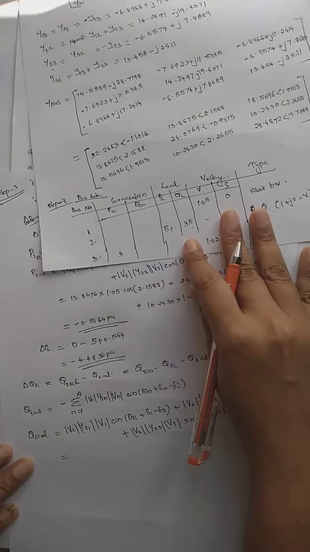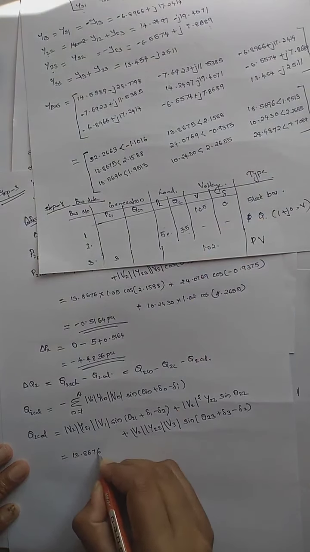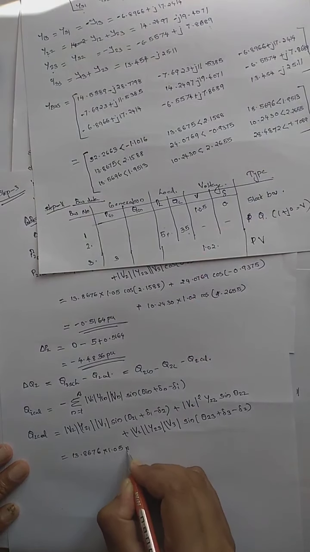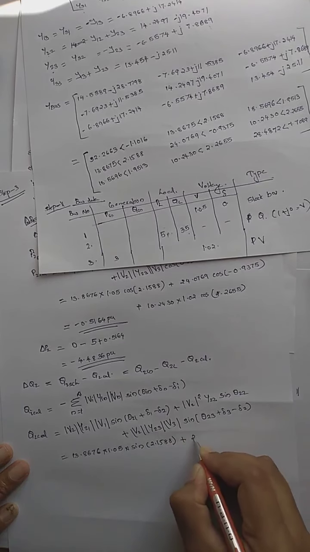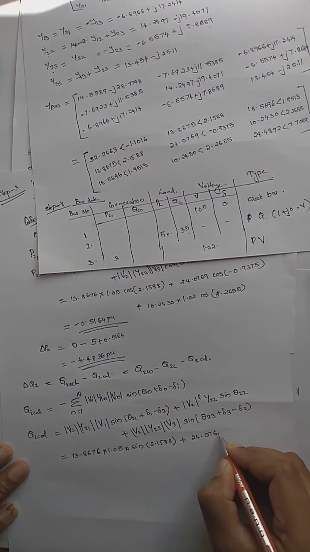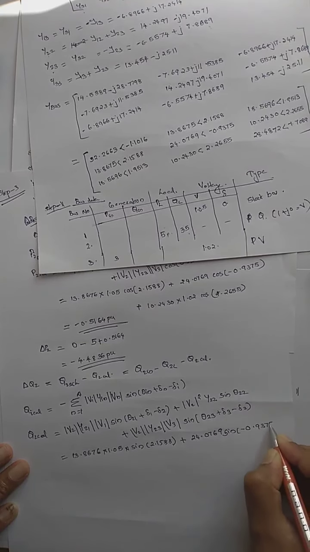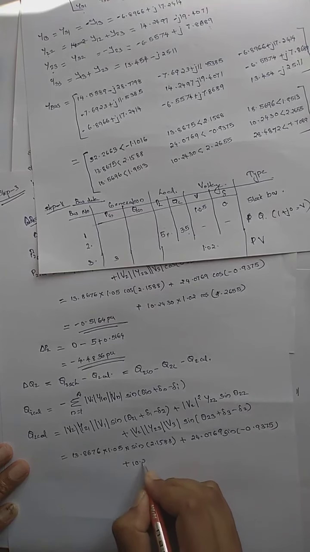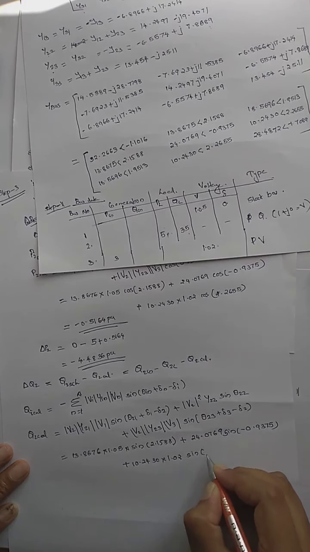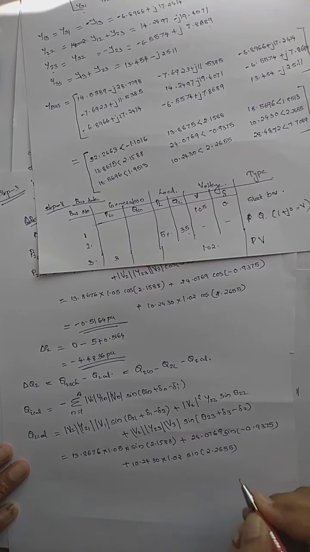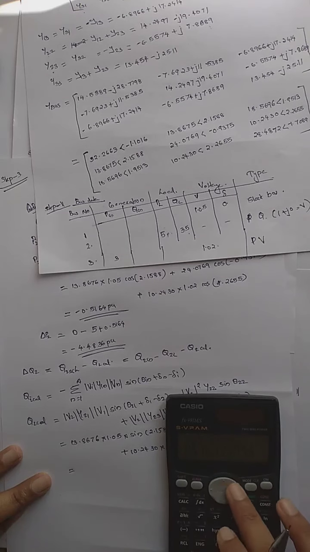For this we have to substitute our values. That is V2 value is 1, that is 13.8676 into 1.05 into sine of 2.1588 plus 24.0769 into sine of minus 0.9375 plus 10.2430 into 1.02 into sine of 2.2655. This is the value and we have to substitute the same in the calculator. So I am doing it.